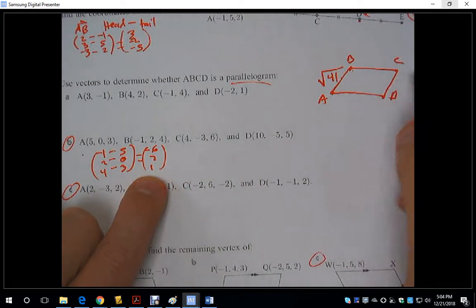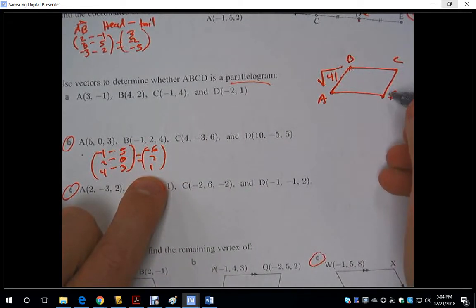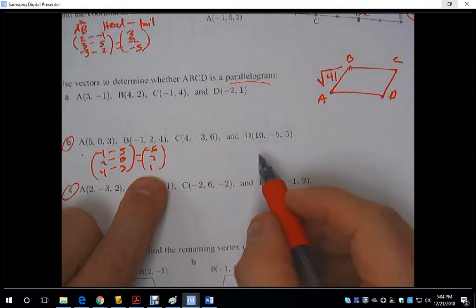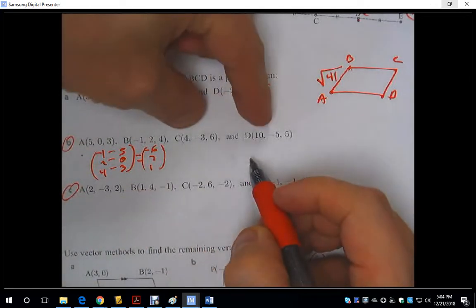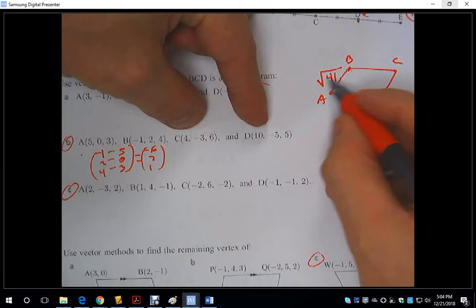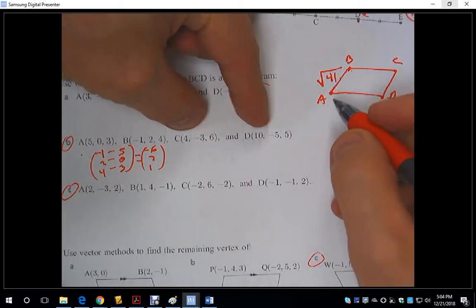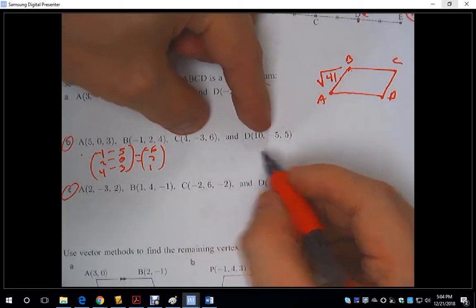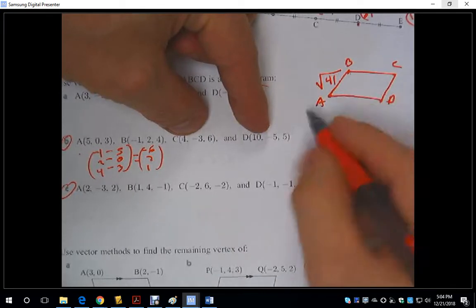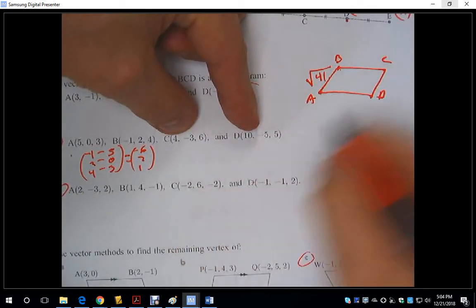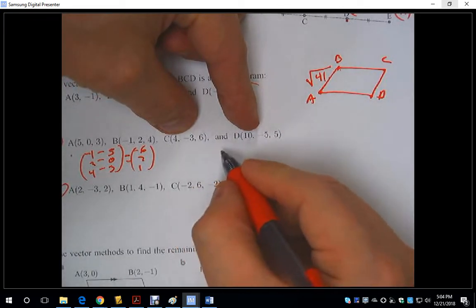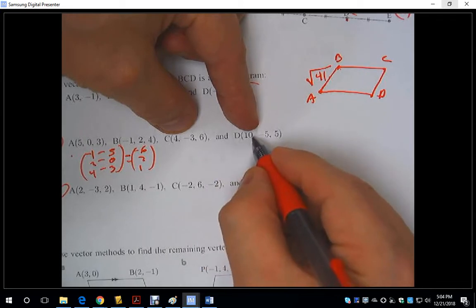Now, let's test to see if D to C also gives us the square root of 41. So we're going to take head minus tail. It doesn't really matter which direction, we're just looking at the magnitude. So I'm going to take D as my head.